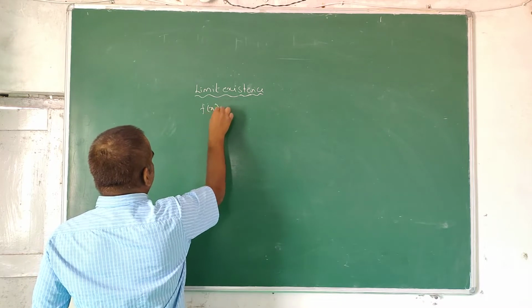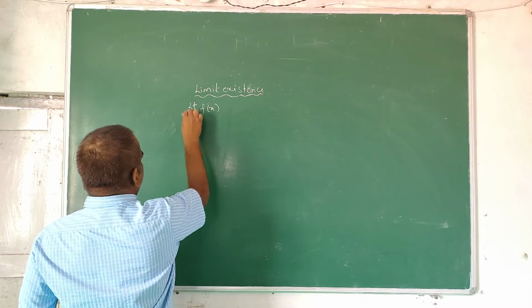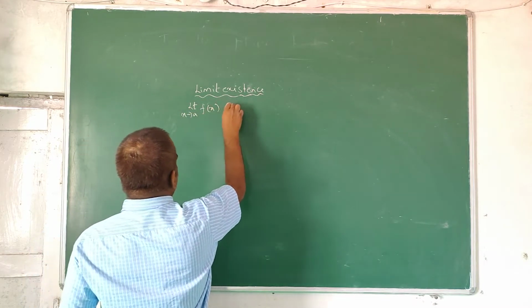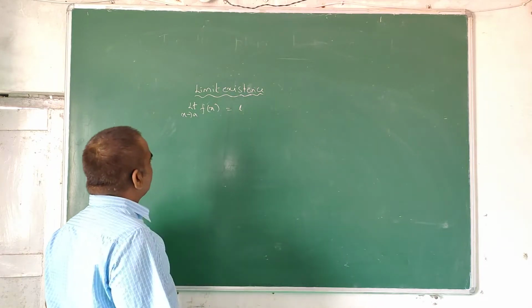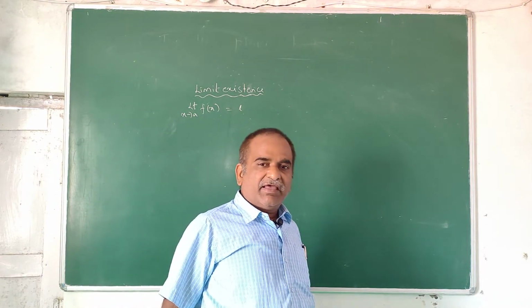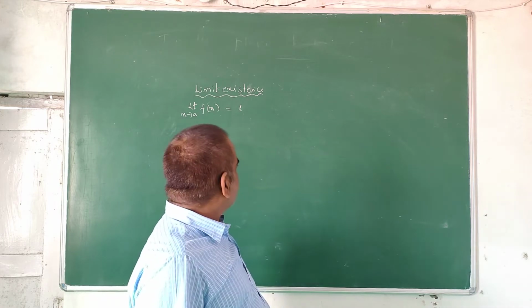The limit of f of x as x tends to a exists and is equal to L, a finite real number, where L is a finite real number.